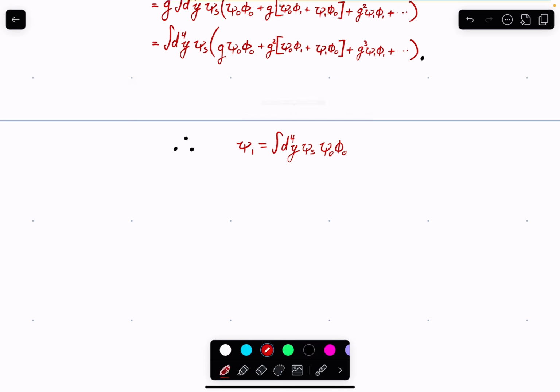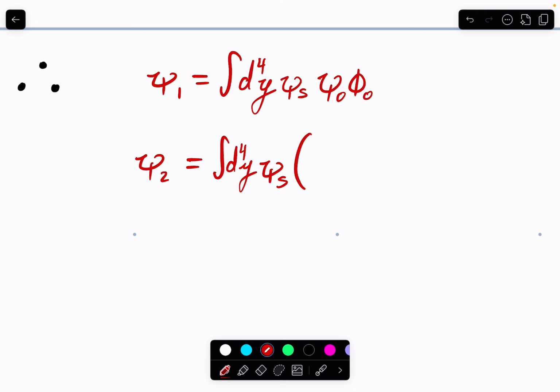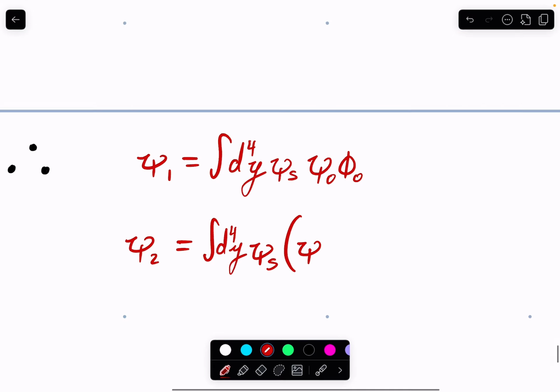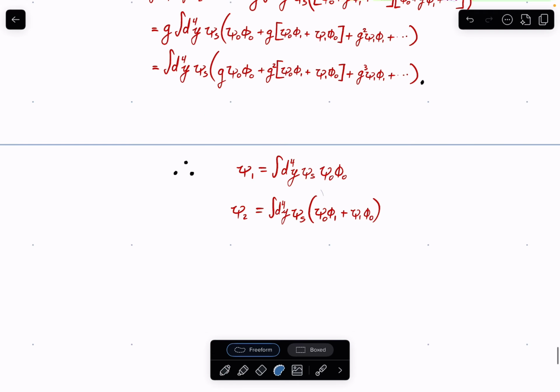And likewise for C2, we have this integral over y, C S, the special solution. But now we get C naught phi 1 plus C1 phi naught. And you can continue doing this.